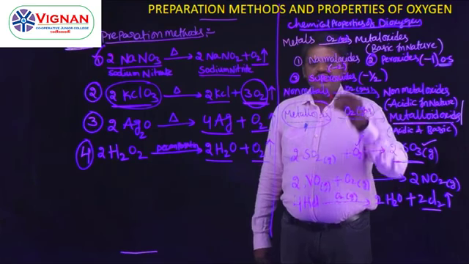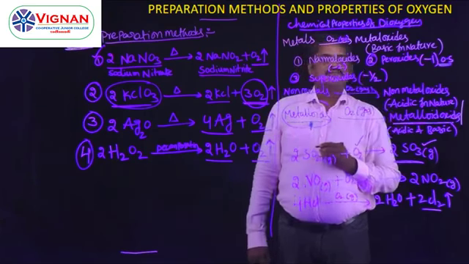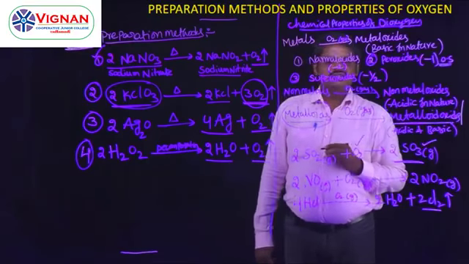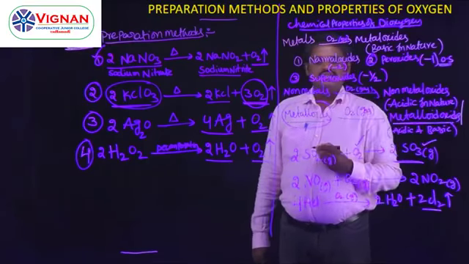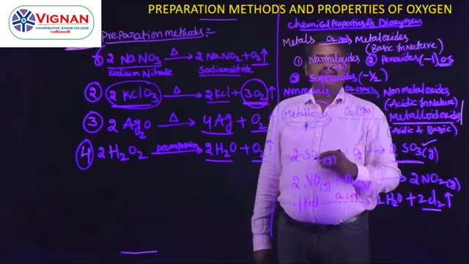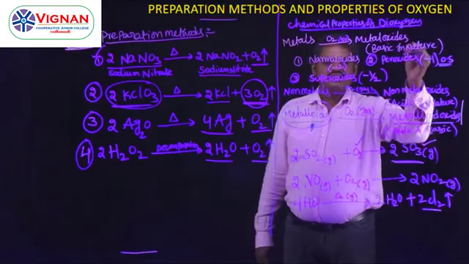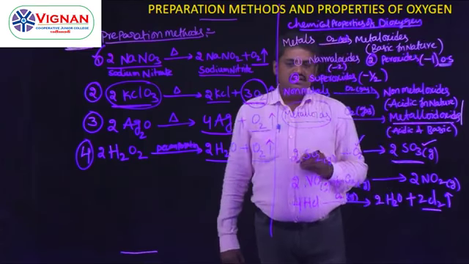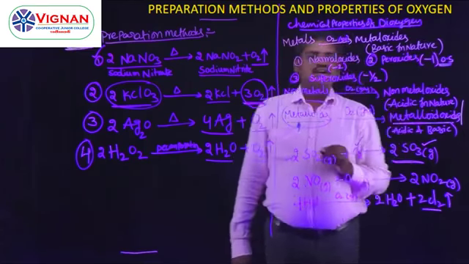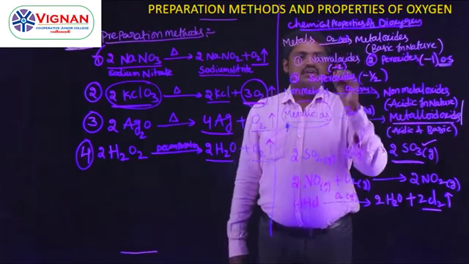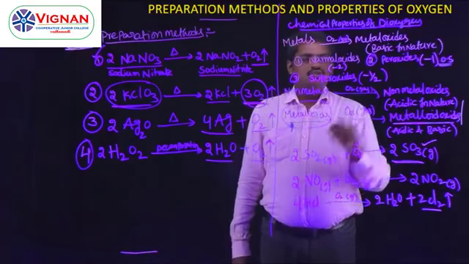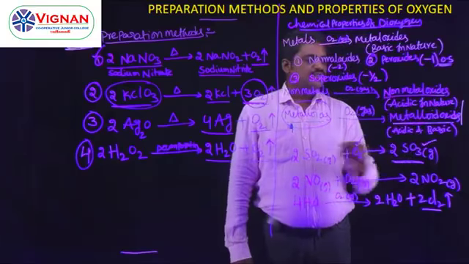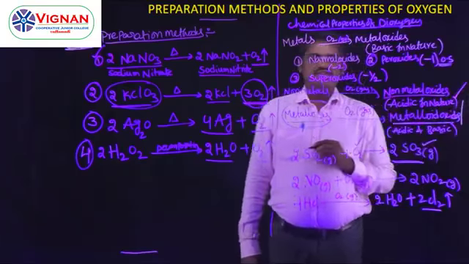Once again, repeating these chemical properties: first, metals react with oxygen, meaning dioxygen, to produce metal oxides. These metal oxides are basic in nature. Second, non-metals react with oxygen to produce non-metal oxides, which are acidic in nature.